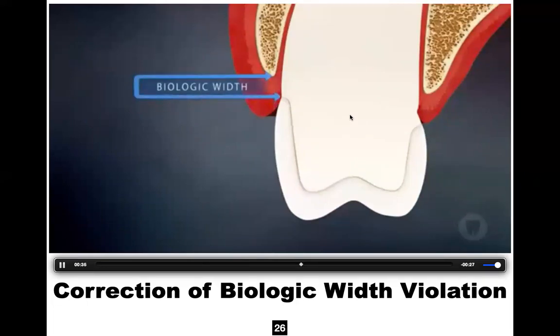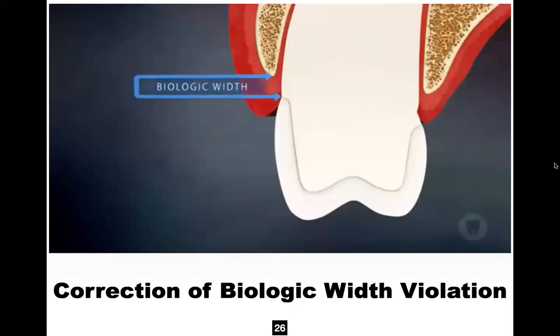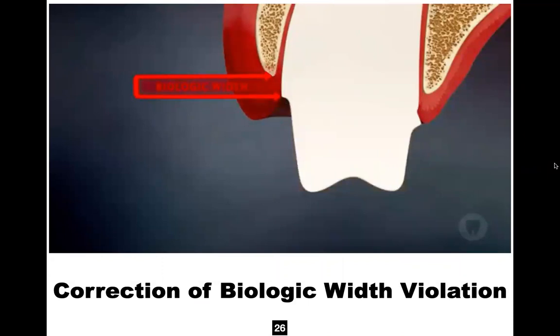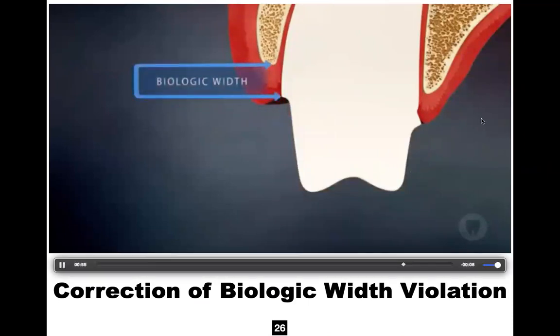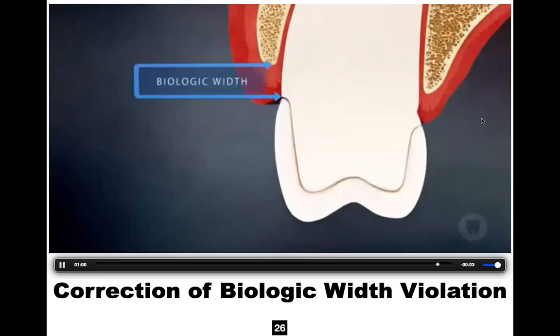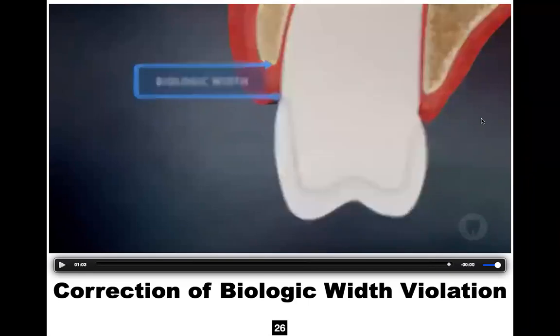If the filling or crown margin came too close to the crest of the bone, then the body's natural defenses would try to reject the crown, causing redness, inflammation, and possible pain along the gum line. A minor procedure can change the shape of the gum and bone in that one area to create enough distance between the crown margin and the bone, allowing for healthy placement of the restorative material.